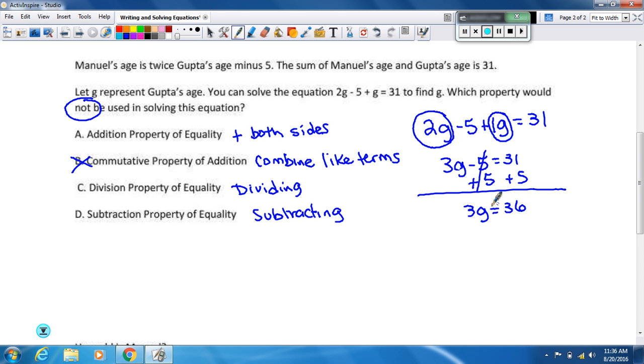We added. So we're looking for the one we did not do. We did add. Now this is 3 times G, so the opposite of times is divide. Opposite operations cancel. 36 divided by 3, we divided. So the one that we did not use was the subtraction property of equality.